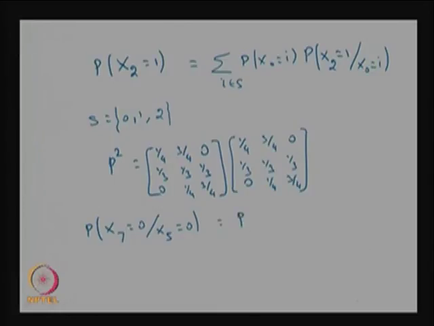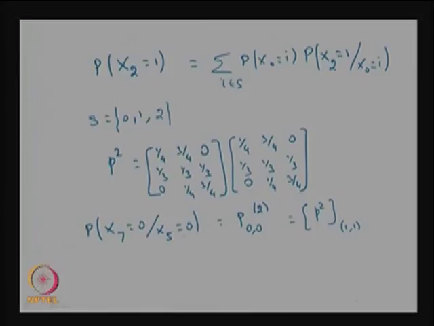That is the same as the probability of 0 to 0 in 2 steps. That means you find P squared. From P squared, the 0, 0 element, the first row, first column element, is going to be the probability of X7 equal to 0 given that X5 is equal to 0.